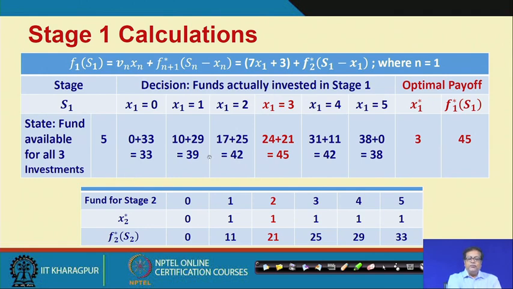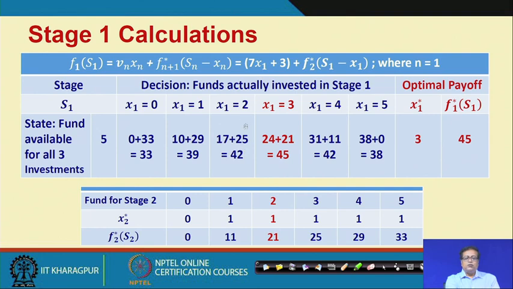What would happen if you are spending only 1 at the first stage? That means 1 at x 1, and 4 at the previous stage, where the optimal value is 29. So 29 and 10 make 39. What will be at the next? 17, because if x 1 equals 2, this becomes 17, and then it becomes 17 plus 25 equal to 42.